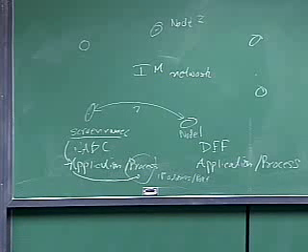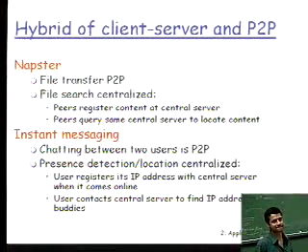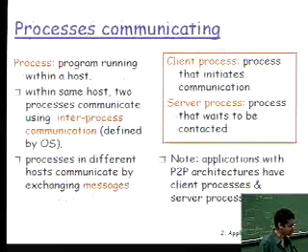Because every time you reboot your machine or restart your IM client, the process is going to change. But the directory system has to keep track of that. So a centralized server keeps the directory, but the chatting happens between peers. So that's the hybrid of the client server and peer-to-peer model.